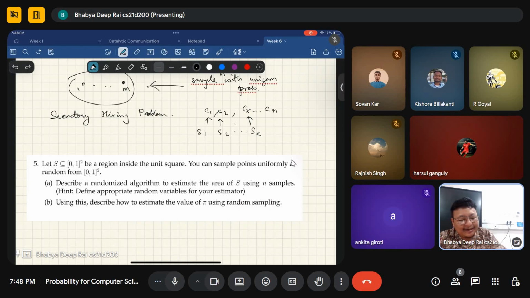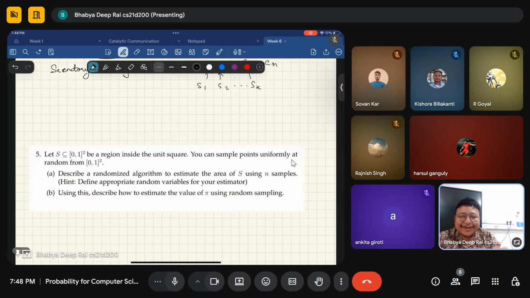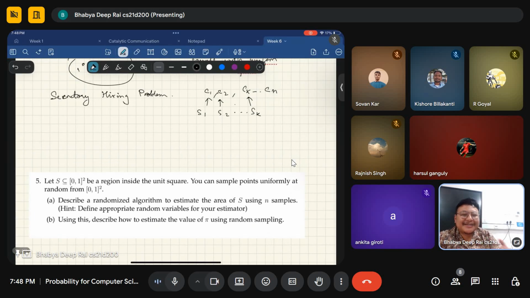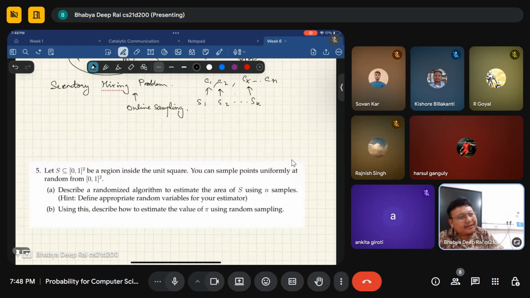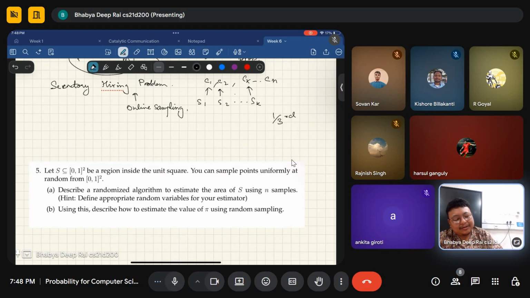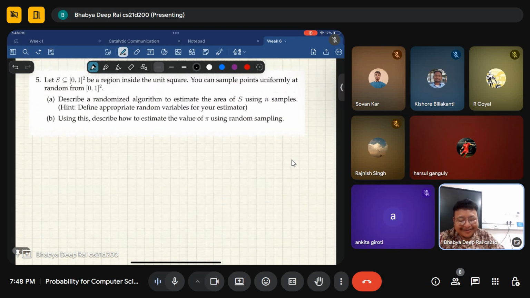So what is the minimum number of interviews that you need to do so that you hire the best candidate with high probability? This is called the secretary hiring problem. It's an online sampling problem. I think you need to sample around 1/3; that's what I recall. Anyway, it's close to 1/e. Okay, doesn't matter. That's not the question.